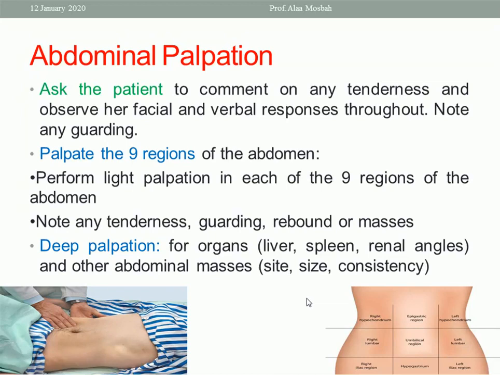Is it fixed or limited mobility or freely mobile, up and down and from side to side? Of course, we know that the ovarian mass, when it reaches the abdomen, is usually mobile from side to side and up and down, while uterine mass can be mobile from side to side, but not up and down because it is a pelvic abdominal mass.